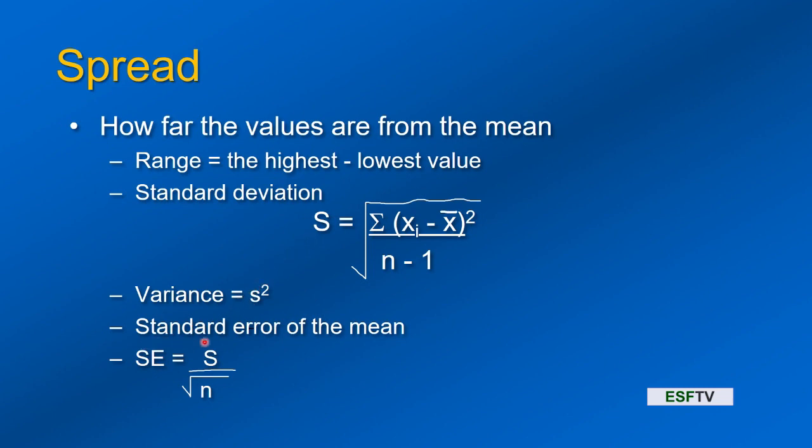And then the standard error of the mean, which is how most people report their spread, or many people do, is just s, the standard deviation, divided by the square root of the number of samples. And that gives you an understanding of how close your calculated mean is to what you would get if you went out and did it again.